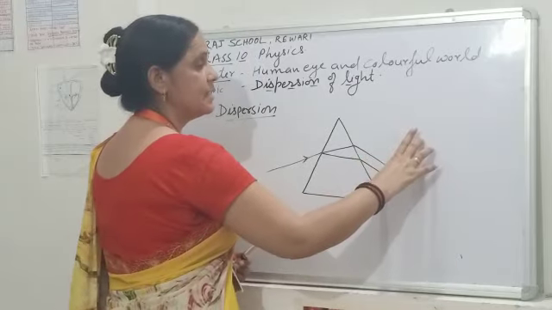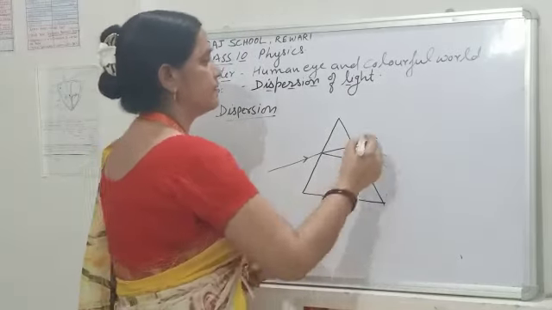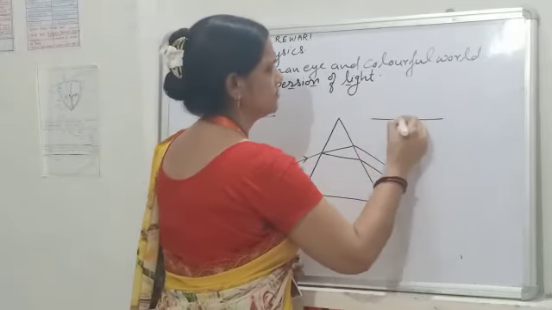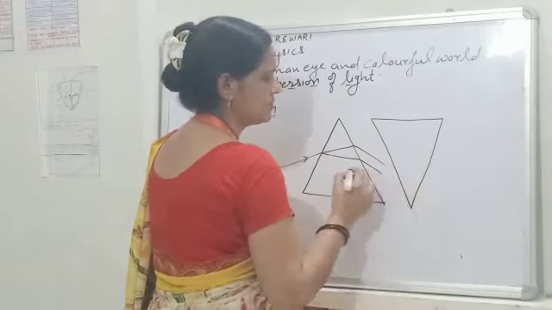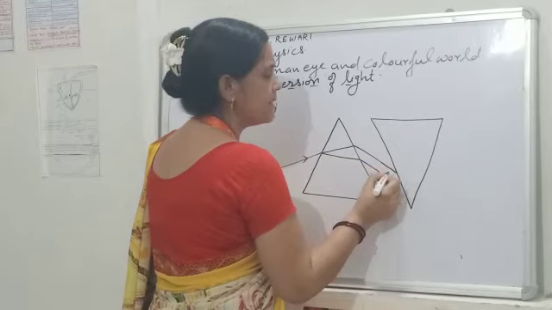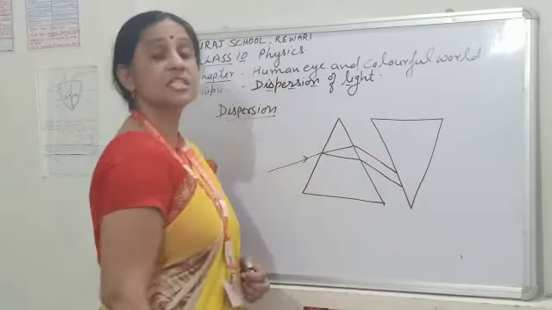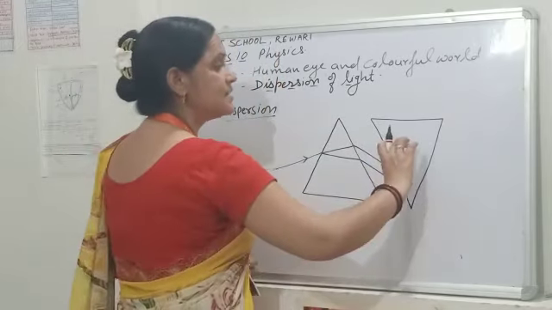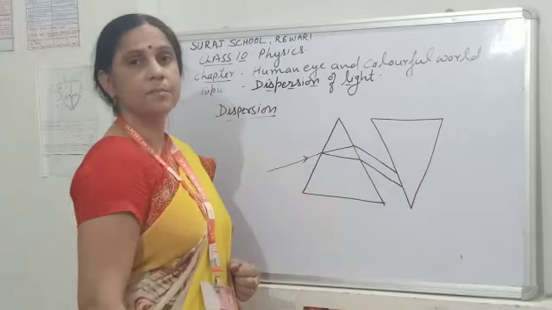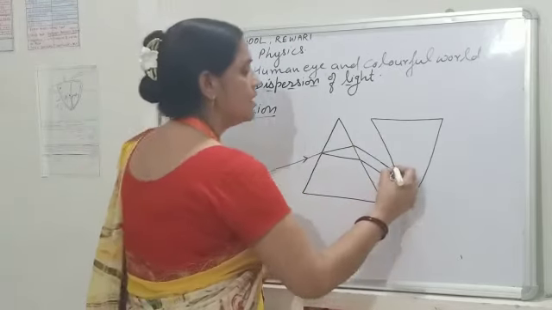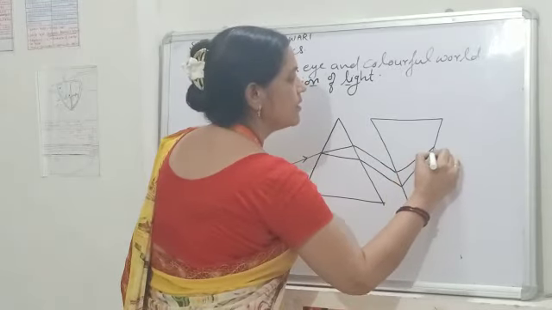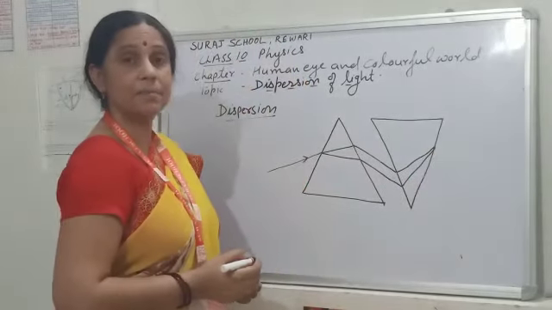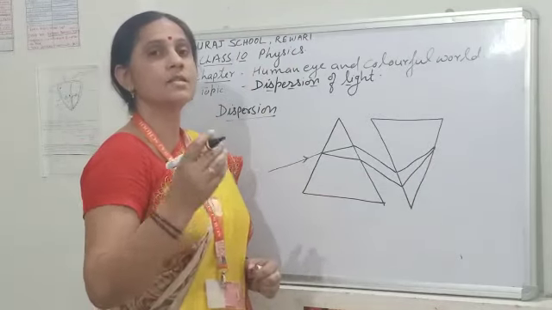If we place an inverted prism here, then when this band of 7 colors, this spectrum light, enters the other inverted prism, it bends in the opposite direction. Remember that in a prism, light always bends towards the base.